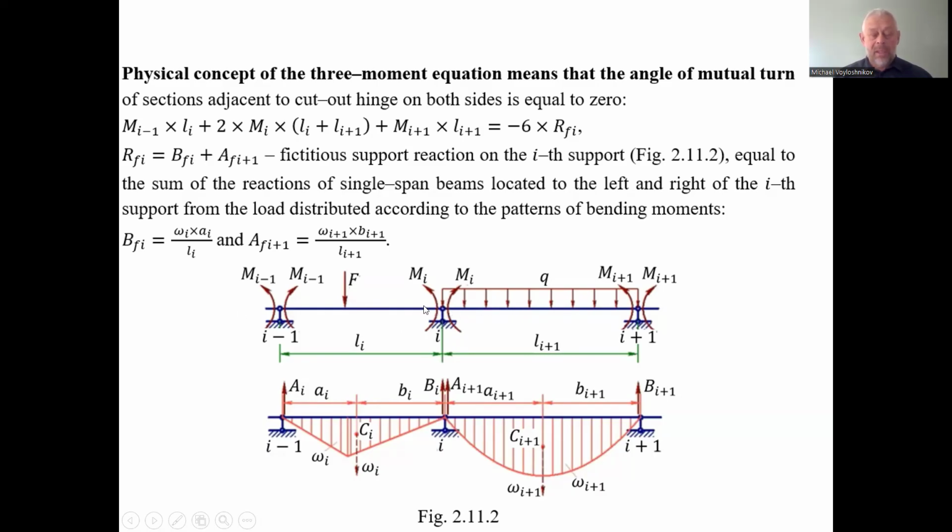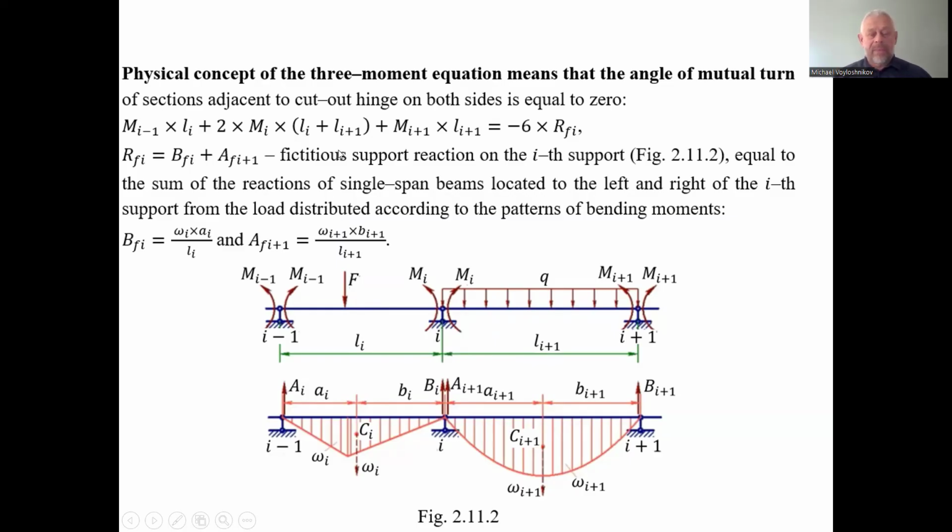To the adjacent span we have only the distribution of the moments in the installed hinges at the supporting links, to make the statically determinate main system of the assigned statically indeterminate system of the continuous beam.